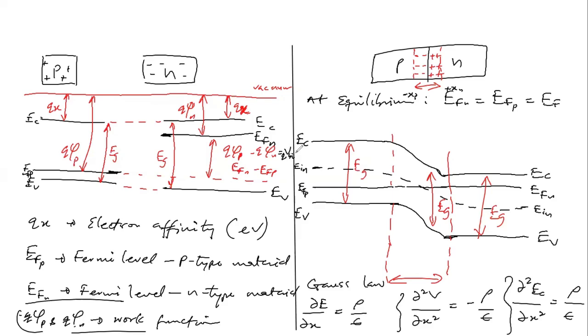So once we pull that up, then we should be able to provide some derivations. So, since Q VBI is the same as the work function of P minus the work function of N.